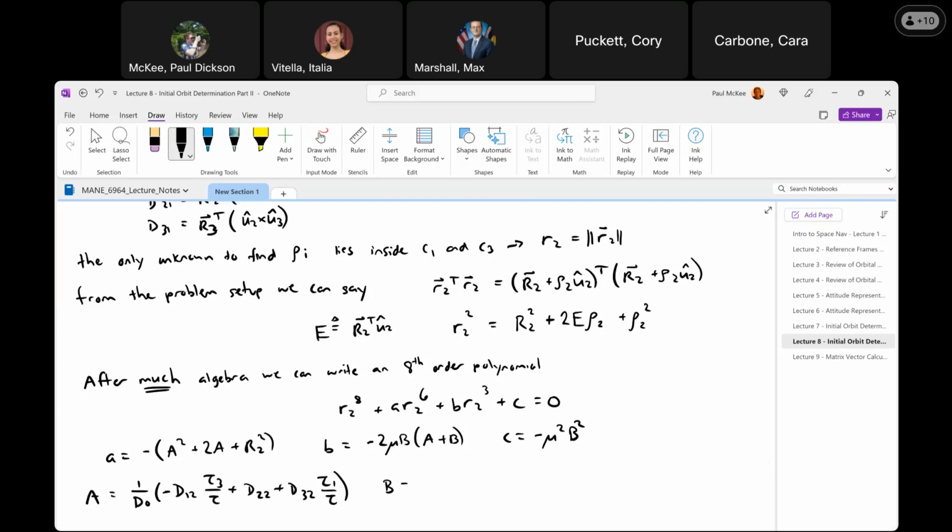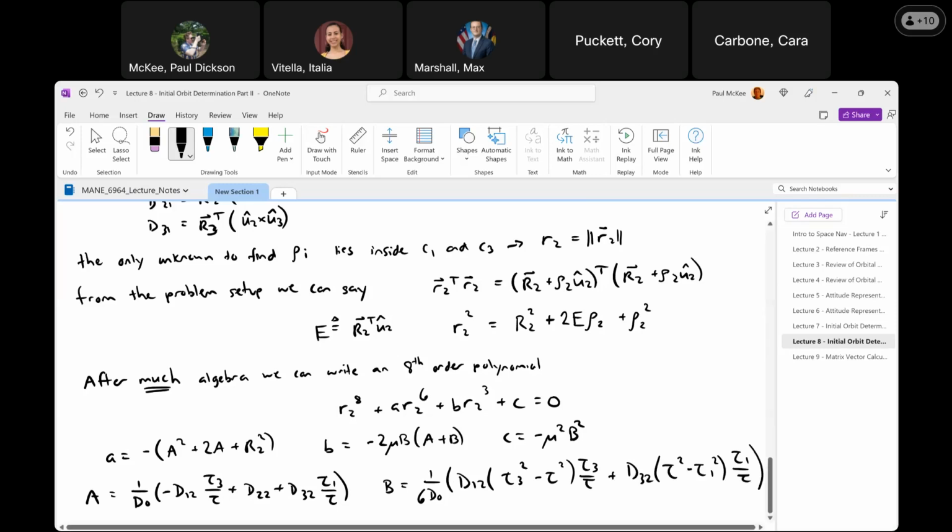And capital B is 1 over 6 d naught times open parentheses d12 open parentheses tau 3 squared minus tau squared tau 3 over tau plus d32 open parentheses tau squared minus tau 1 squared tau 1 over tau close parentheses. Isn't that fun? Somebody other than us got to do the algebra to prove this, and we're going to take their word for it. Or if you want to convince yourself, it's absolutely an exercise left to the reader.